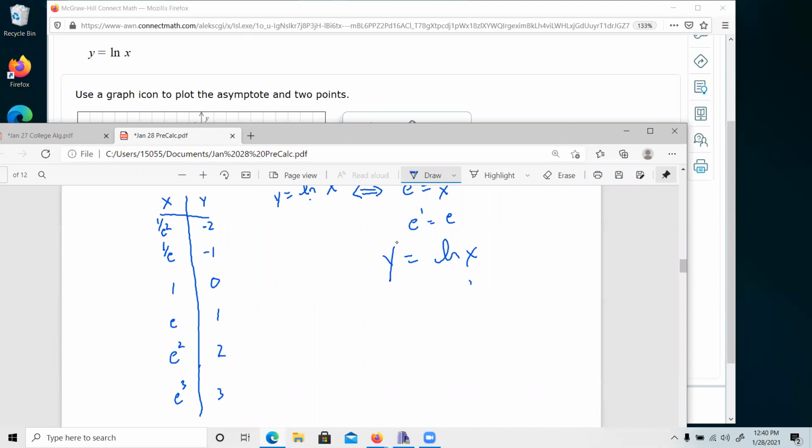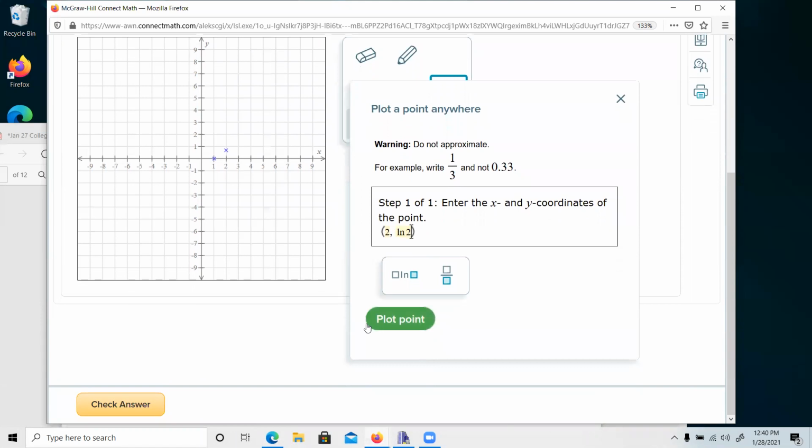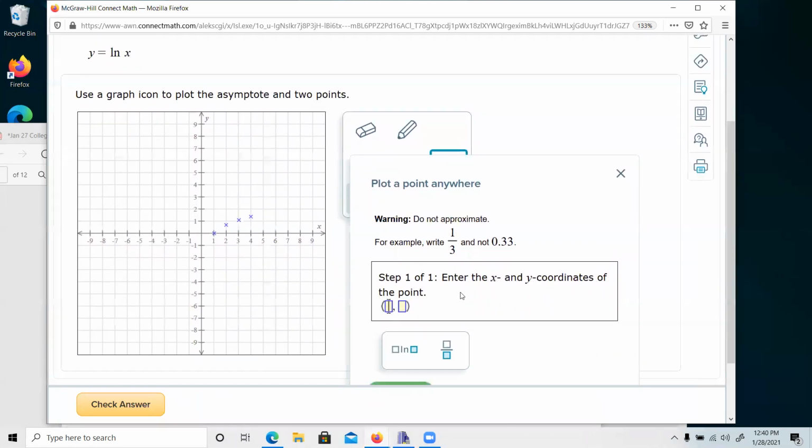So if we pick x to be 2, y would be the natural log of 2. That's how we're going to do it. So we have 2, natural log of 2. 3, natural log of 3. 4, natural log of 4. So fine, that's what we'll do.